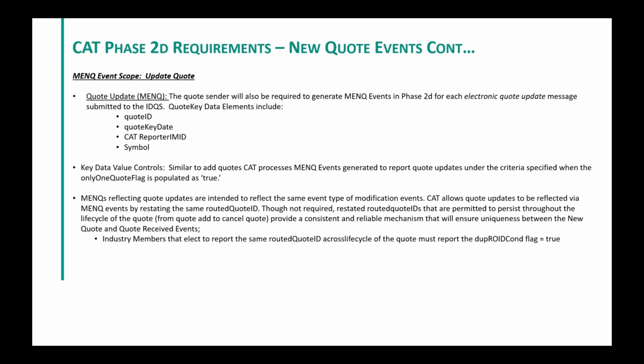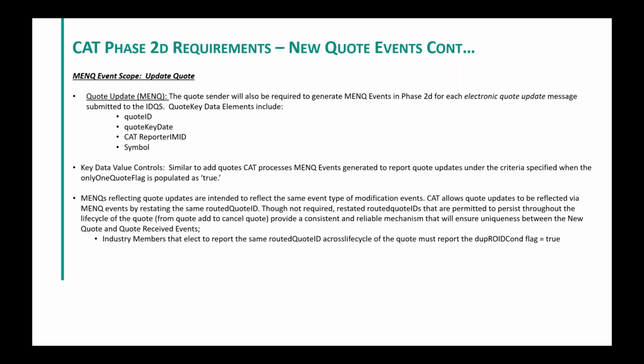That could be thousands, millions, or more updates until the quote is ultimately canceled. The life cycle stops at the cancel and will begin again specific to the same security if and when the subscriber sends a new quote add event.